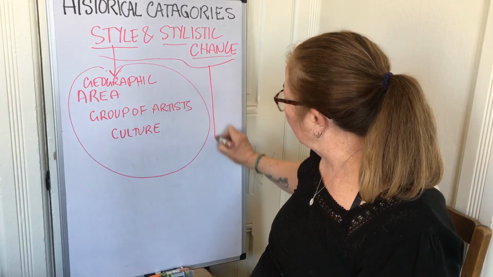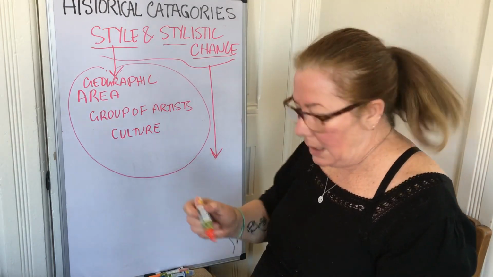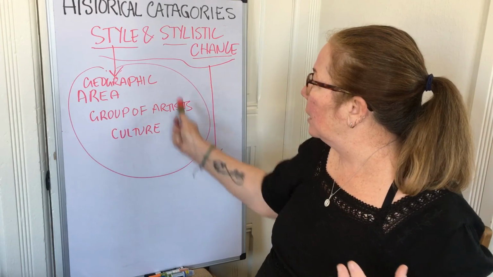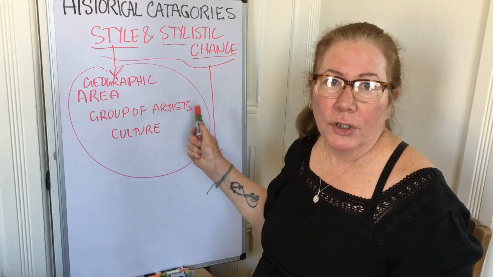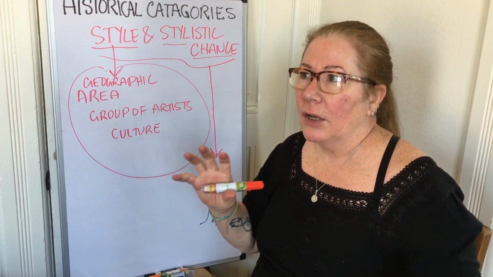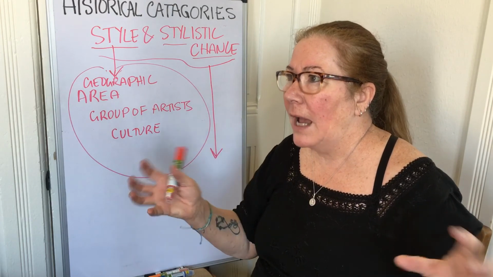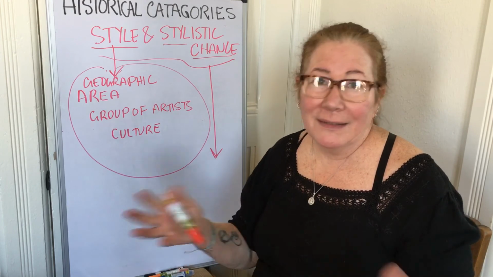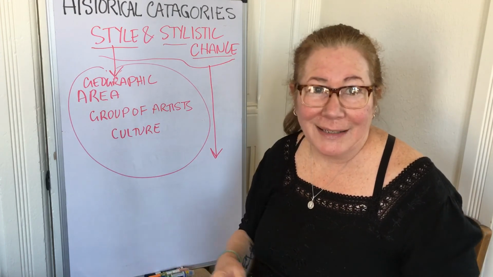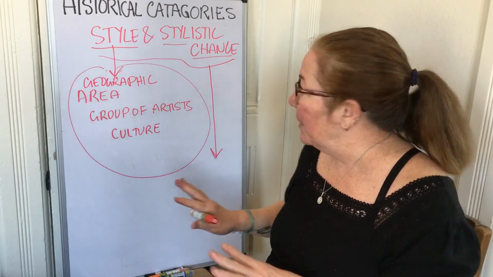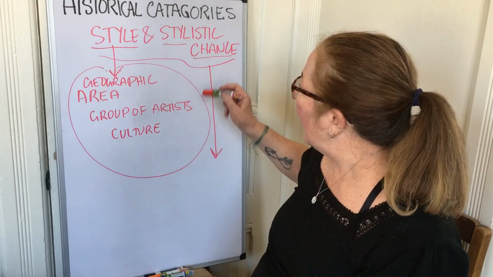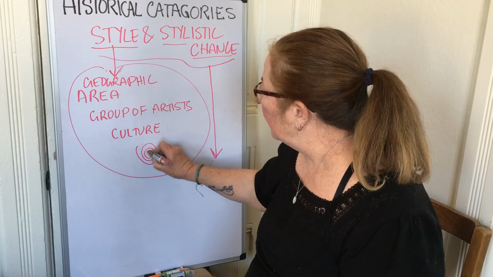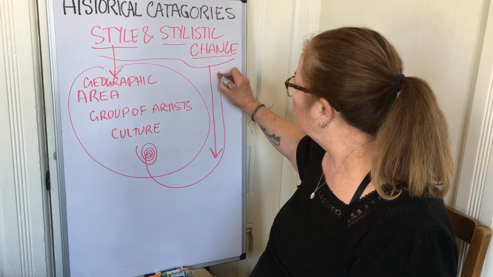Stylistic change happens when these people are experiencing change in their area, in their culture, and they're exploring different artistic possibilities, and discovering different ways to do things, ways of seeing, ways of looking at things. As they do that, whatever their style is starts to change.